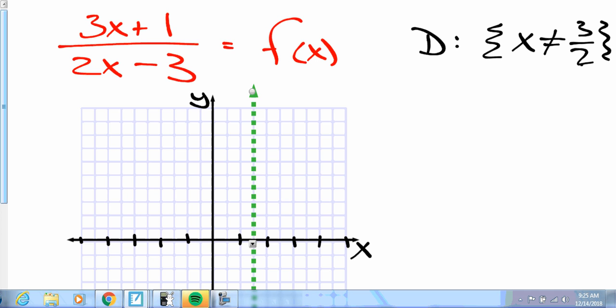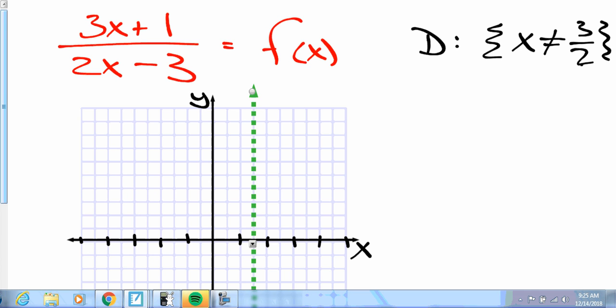All the possible outputs of my function, right? What can't this equal?